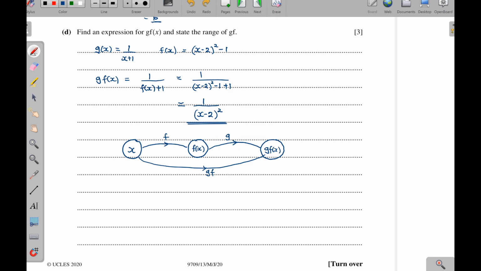So what comes out here will be the range of g. We have range of f. In fact, I can say range of gf. Okay, that is what comes out here. But this one must be contained in the domain of g. And then here we are having domain of f.